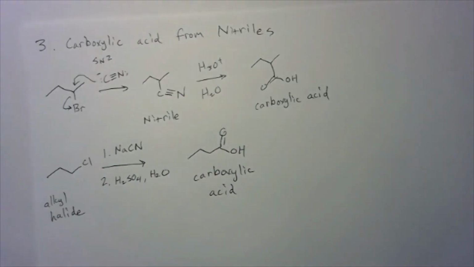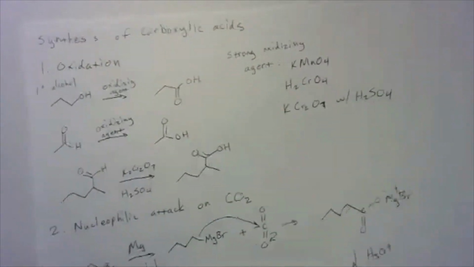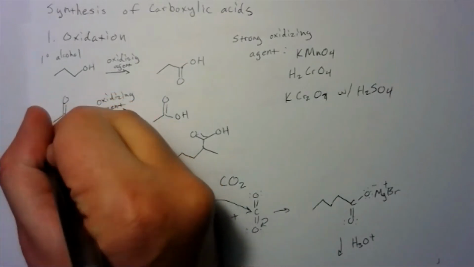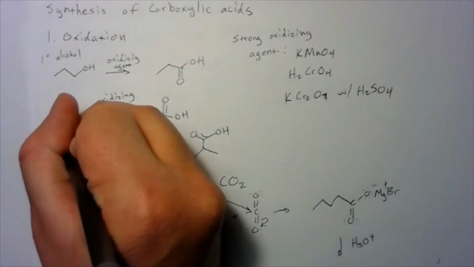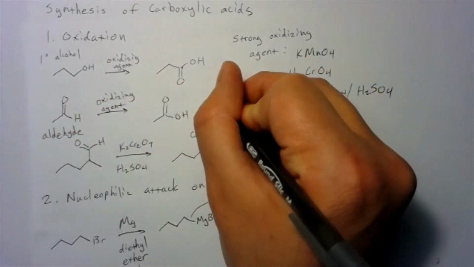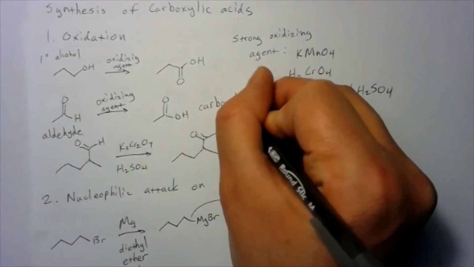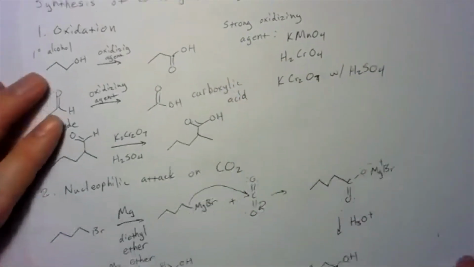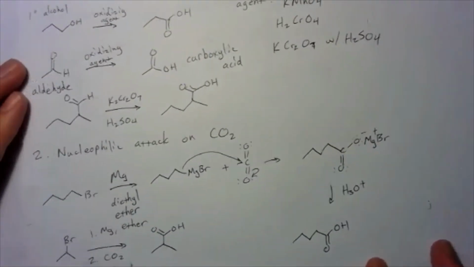So these are our three main pathways to carboxylic acids. We have oxidation, where we can take an alcohol or an aldehyde and convert it to our carboxylic acids. We have our nucleophilic attack on carbon dioxide.